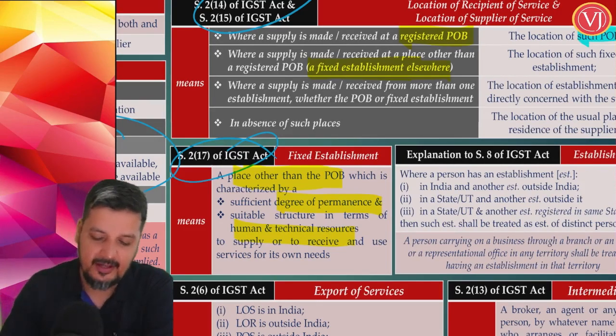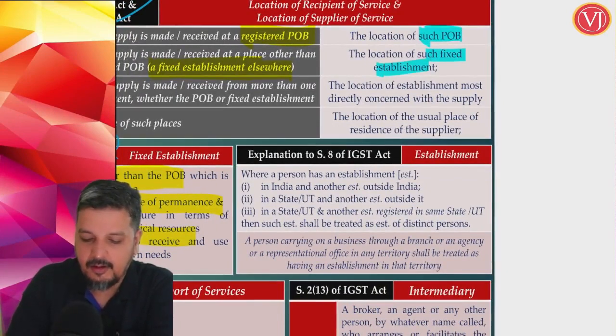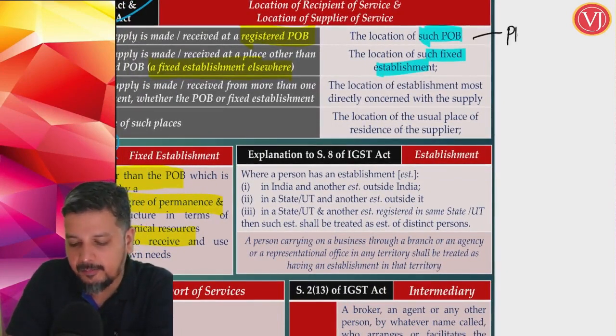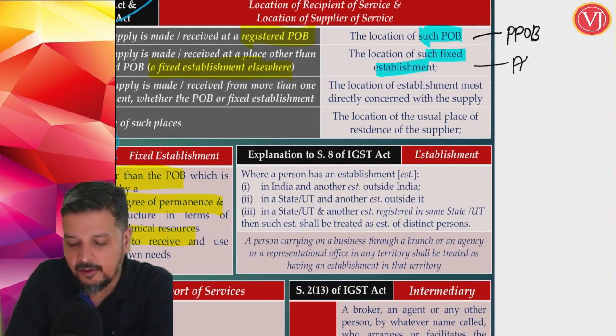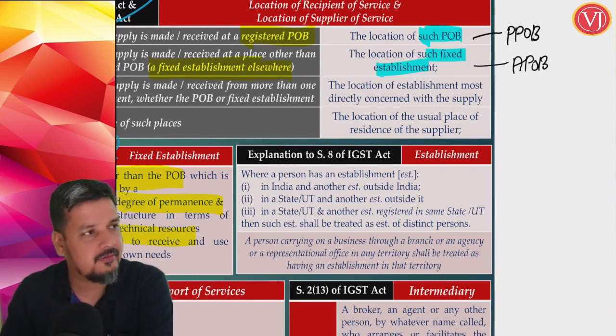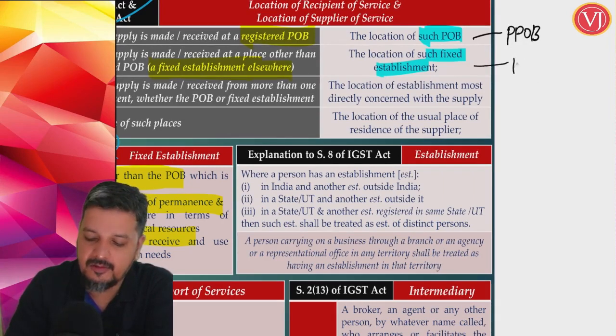In the CGST Act, this place of business is actually called the principal place of business, and this fixed establishment is called the additional place of business. Right now, why don't you use these terms?